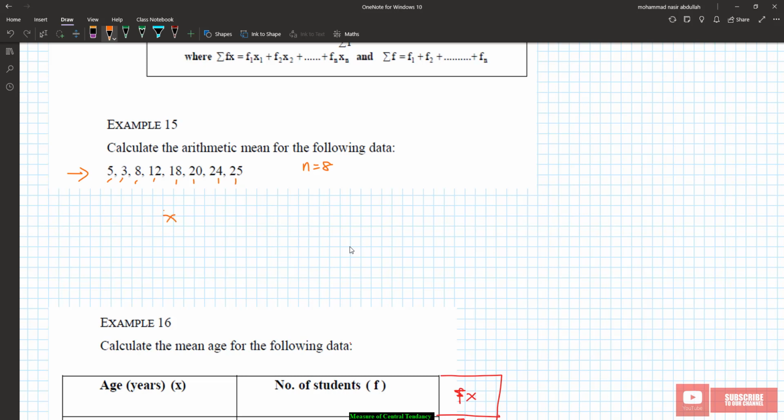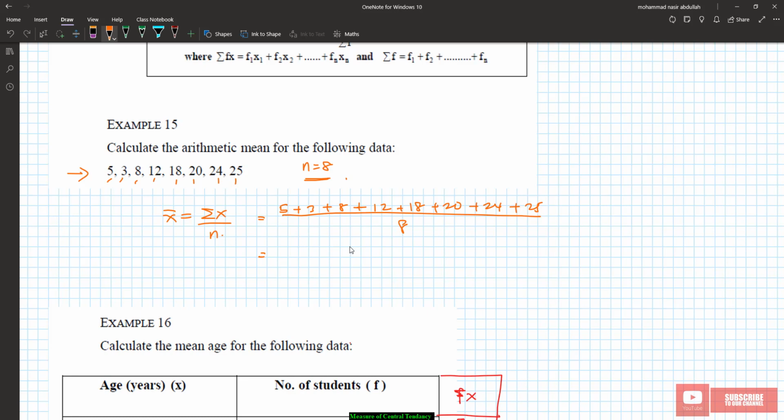To calculate mean for ungrouped data, summation of x divided by n. So we already know n equal to 8. So summation of x means 5 plus 3 plus 8 plus 12 plus 18 plus 20 plus 24 plus 25 divided by 8.